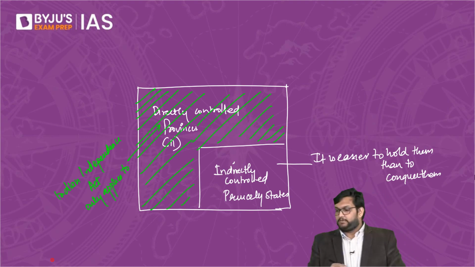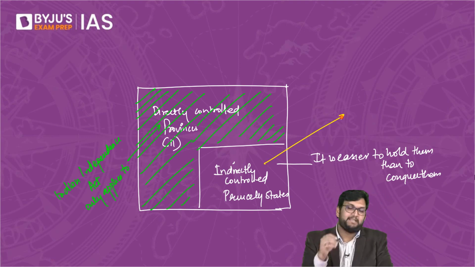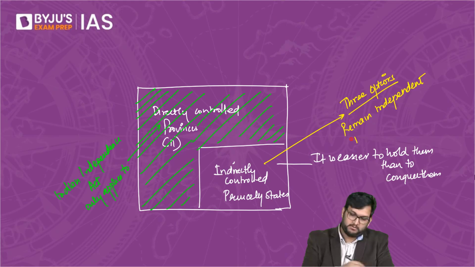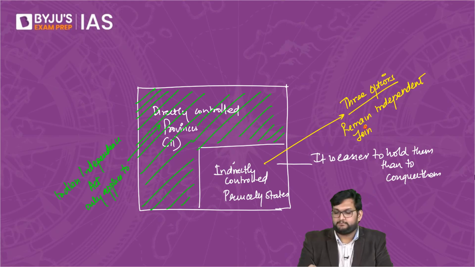Now this creates a problem, because these indirectly controlled states have three options: remain independent, join India, or join Pakistan.